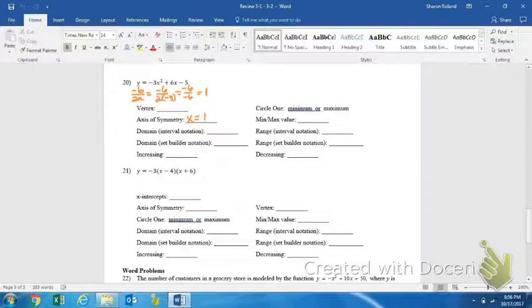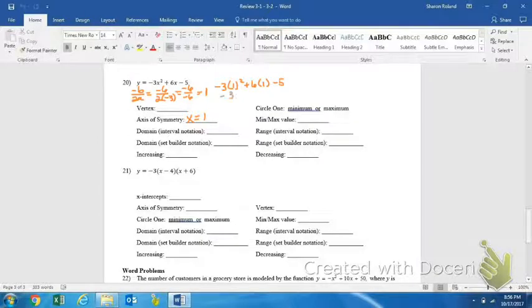You're going to plug that back into this equation, and so that's going to be negative 3 times 1 squared plus 6 times 1 minus 5.